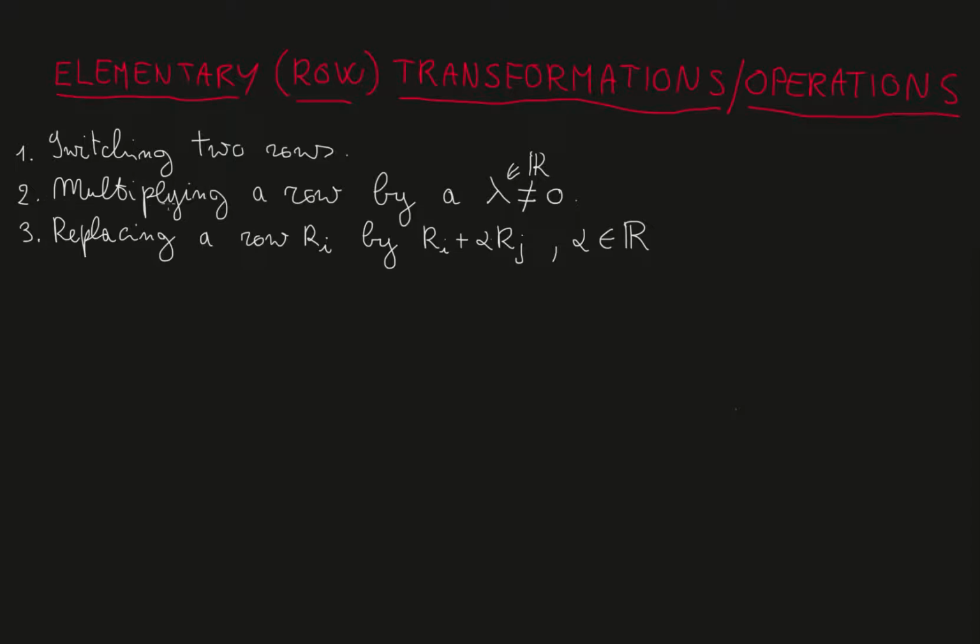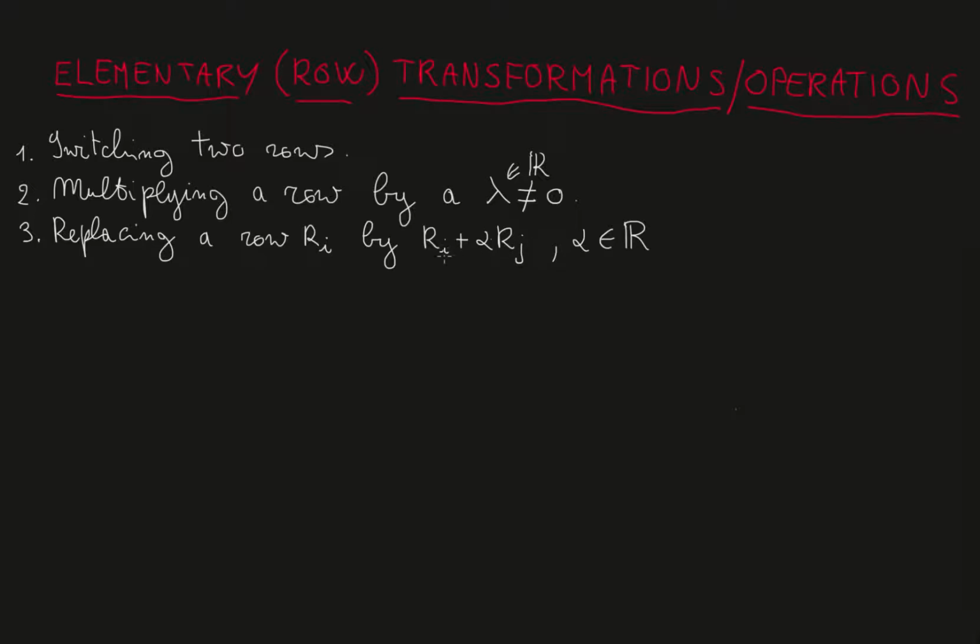The second one is multiplying a row by a scalar lambda, which is non-zero. And the third consists in replacing a row Ri by the following row that is computed by taking Ri again and summing a multiple of another row Rj.